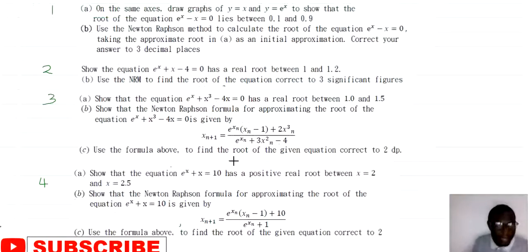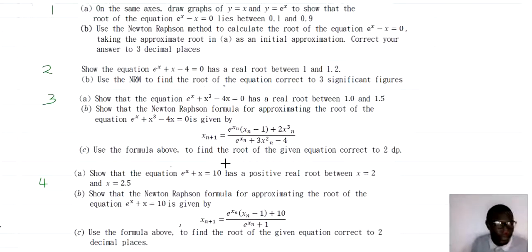So here are our tryout questions. There are 4 questions. Please endeavor to go through all these questions because they are very important in terms of the psychomotor domain.